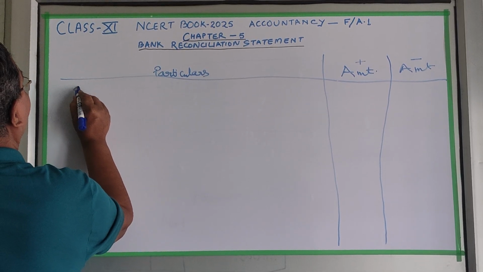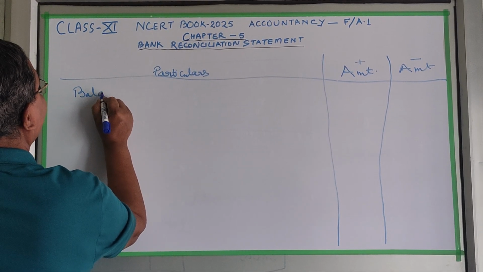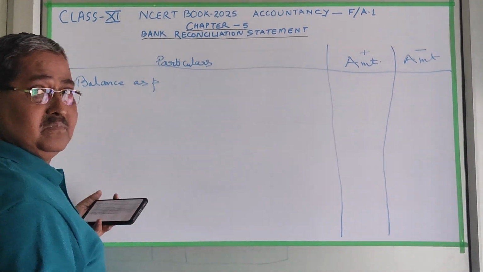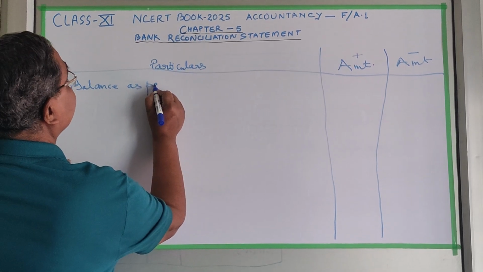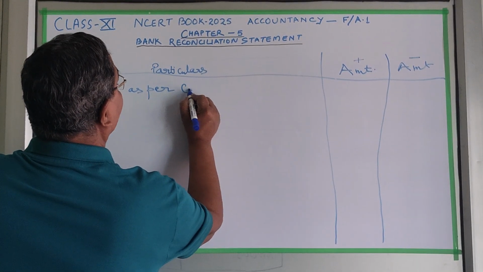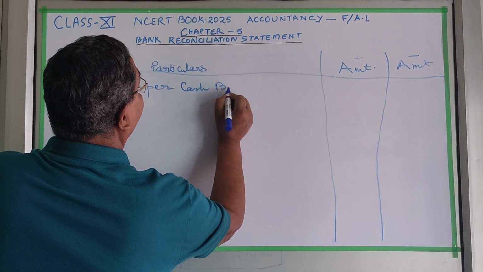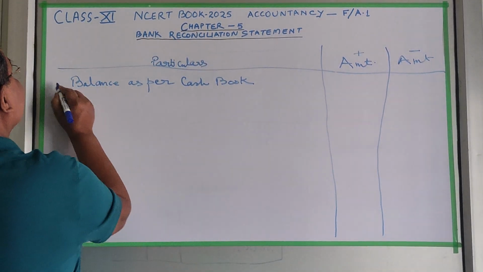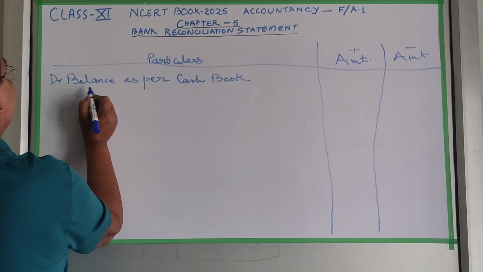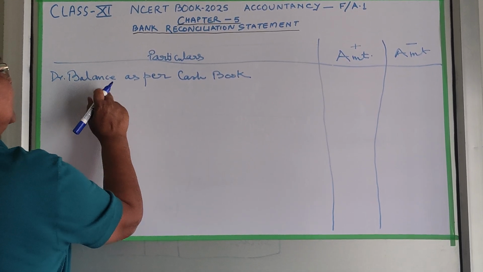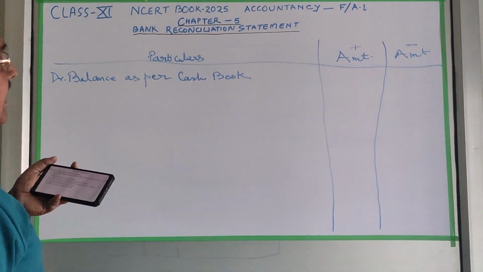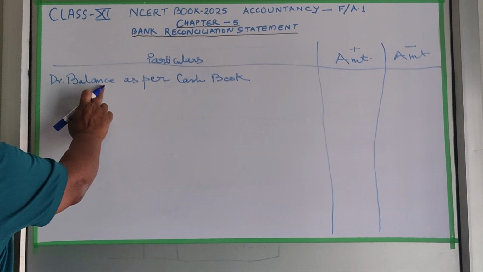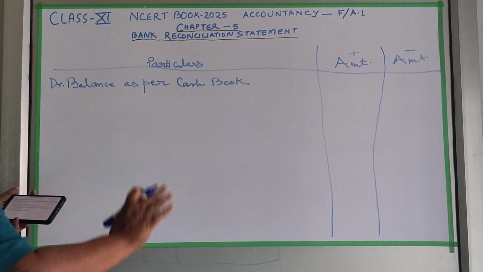So the first entry will be the balance as per cash book, because first we will solve one or two questions based on the cash book balance. Whatever balance is there is always a debit balance. Otherwise, if it is a credit balance, it means the balance is an overdraft.